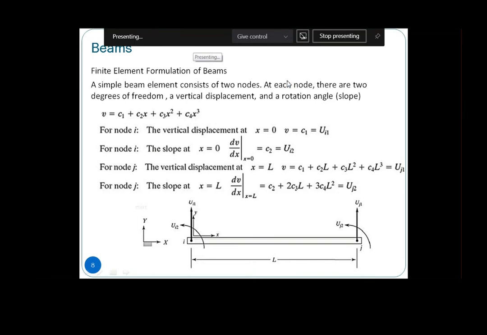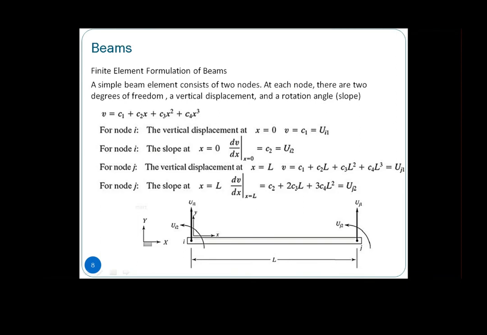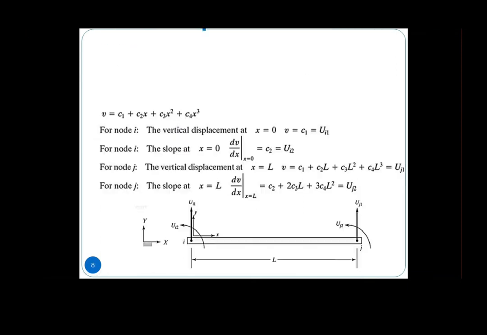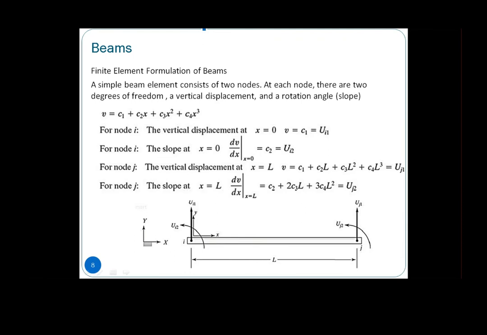Okay, so let me show you. All right, a simple beam. Consider one element, two nodes, node I and node J. We are assuming that at each node you are looking into its deflection, the vertical displacement going up, UI1, and UI2, which is its rotation or the slope itself.